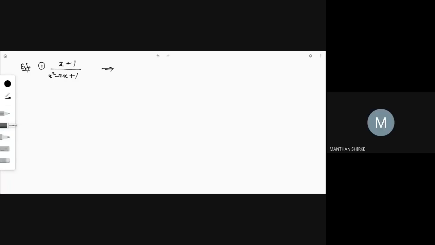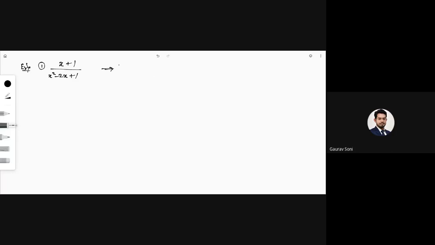Say for example, the first one, x plus 1 upon x square minus 2x plus 1. Proper or improper? Proper.